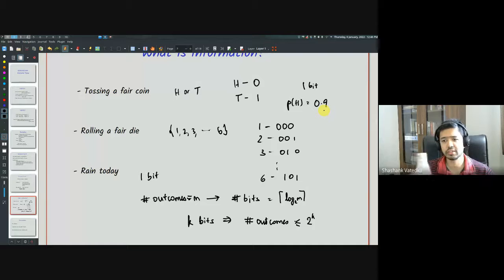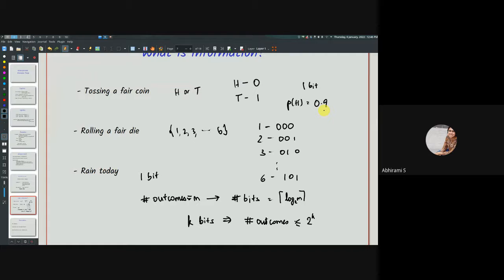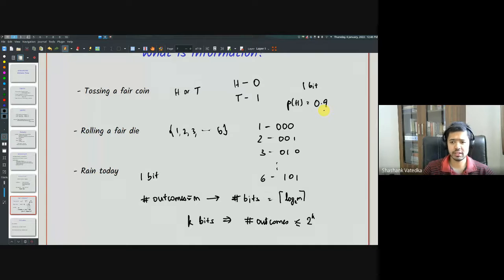Again, you can take a wild guess, doesn't matter. It should be lesser information. Okay, so one guess is that the amount of information that this gives you is less than 1 bit.